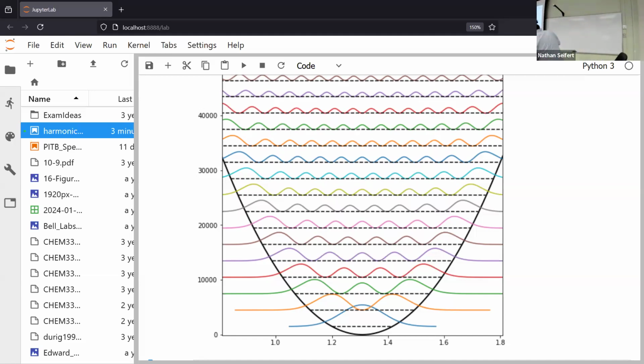Okay, so I want to do some analysis of this problem. I want to come up with a new model for the potential that now includes dissociation, bond dissociation. We want something that when you put enough energy into it, falls apart, it breaks apart.